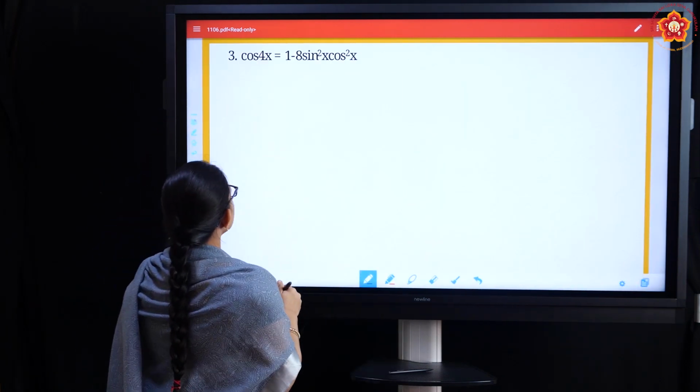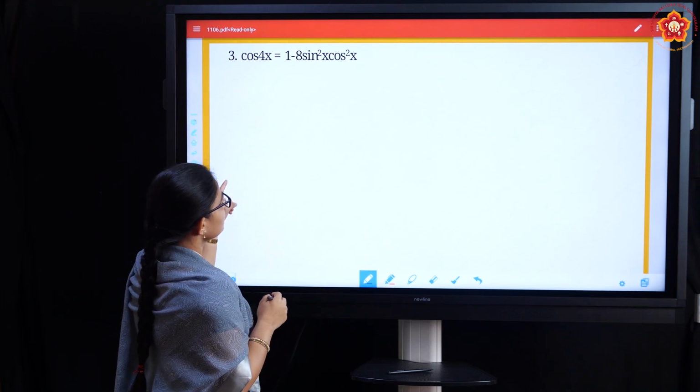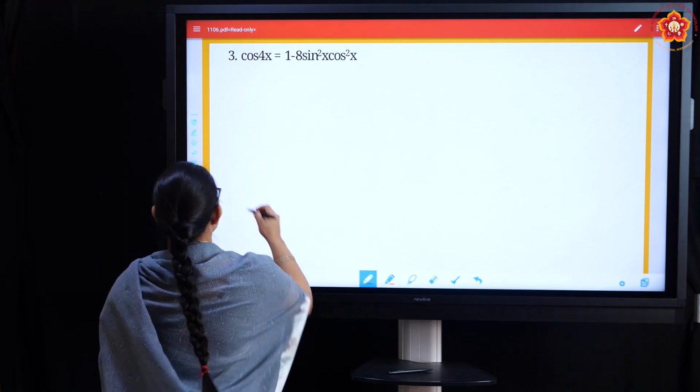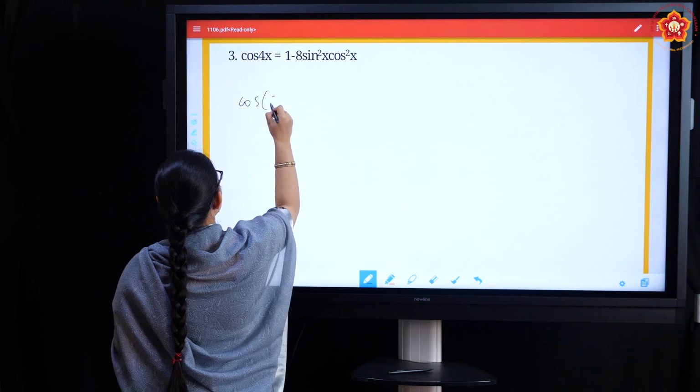We have cos 4x is equal to 1 minus 8 sin square x cos square x. Cos 4x I can write as cos of 2 into 2x.